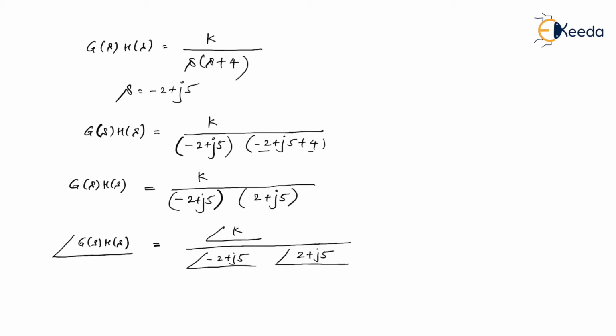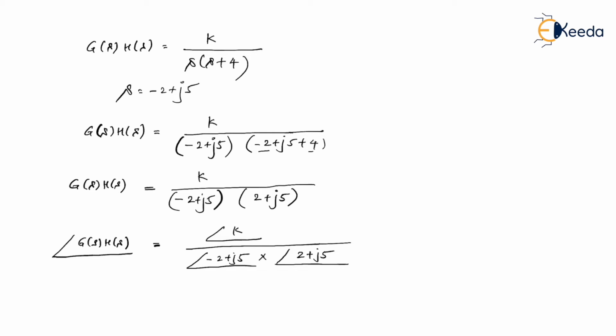I hope you understood that point. Next, whenever you are taking an angle, please remember, when terms are multiplied, you have to add their angles, and whenever they are present in the form of a ratio, you have to subtract their angles. What do I mean? Let me write it.